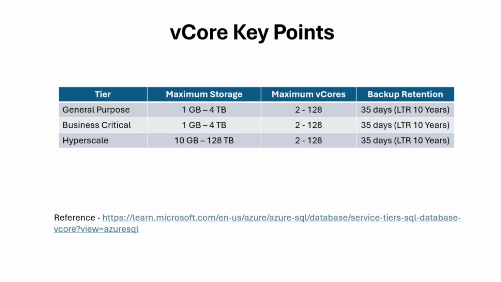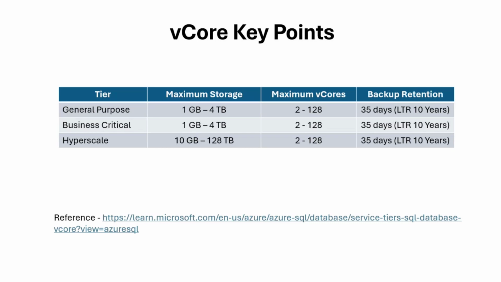Now if you see general purpose and business critical, the storage, maximum vCores, and backup retention almost look similar. So you must be wondering what exactly the difference is. The difference is the storage, how the storage works in the back end. The business critical service tier has local fast SSD storage, whereas that's not the case with general purpose.